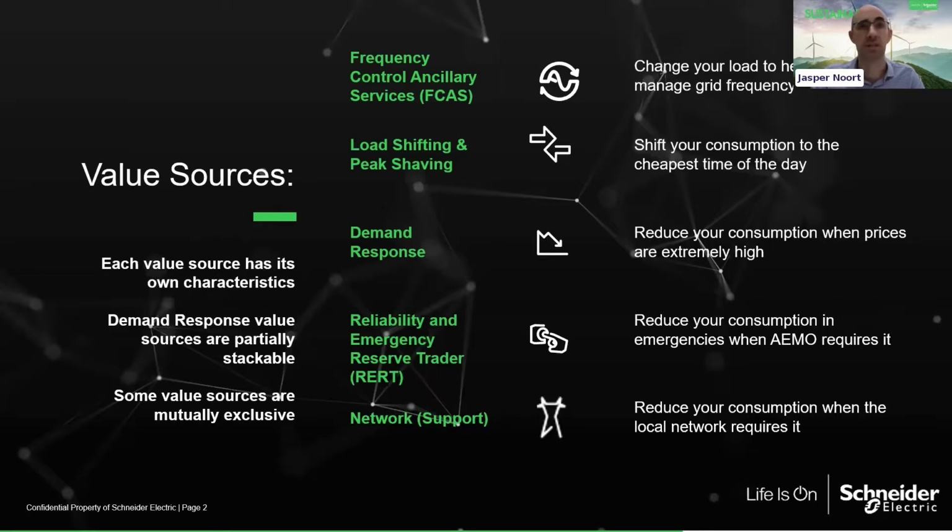And then finally, there's network support, where either you respond to a peak demand charge, or you actually have a contract with a network to more regularly reduce your demand when the network requires it.